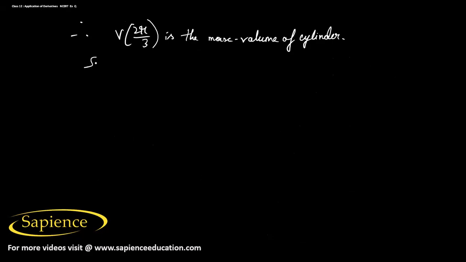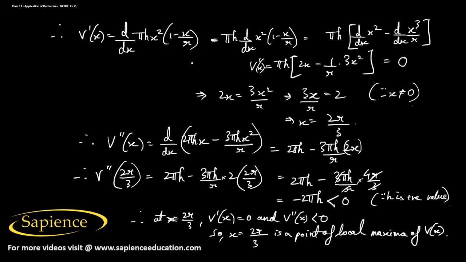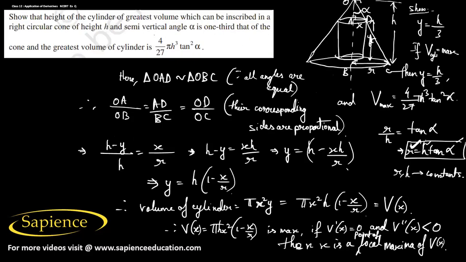So it means that v of 2r by 3 is the maximum volume of the cylinder. So when x equal to 2r by 3, then we have to find the value of y, which is the height of the inscribed cylinder.